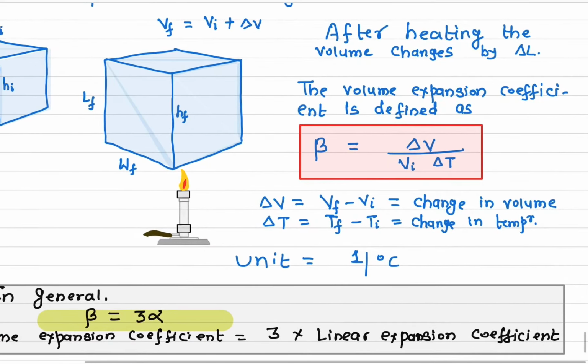If you look at the units, delta V and V have the same unit. So the unit of beta will be 1 over degree Celsius or 1 over Kelvin, whatever unit you prefer. Here the unit is 1 over degree Celsius.